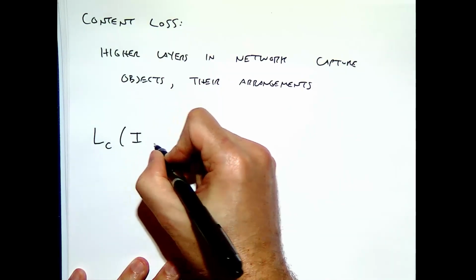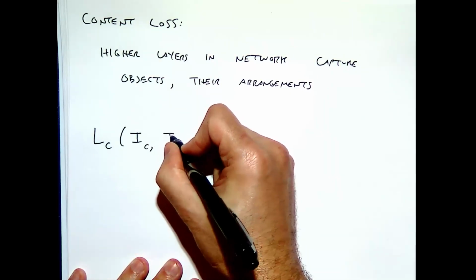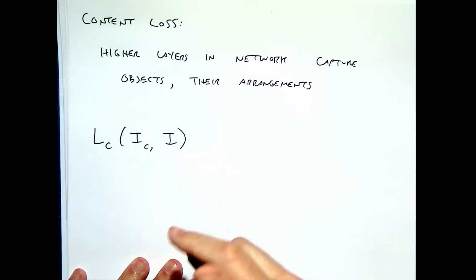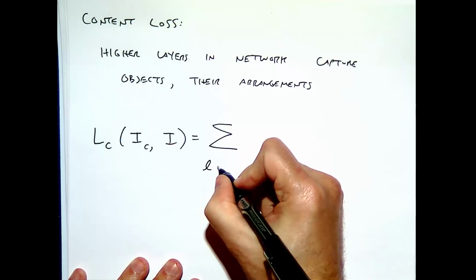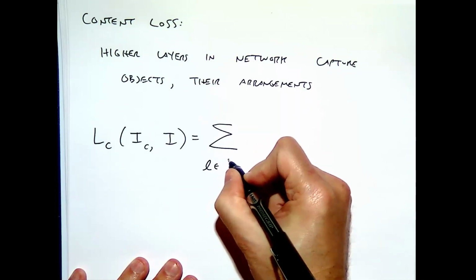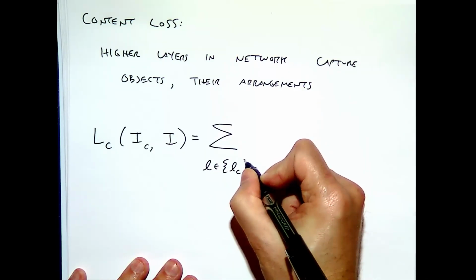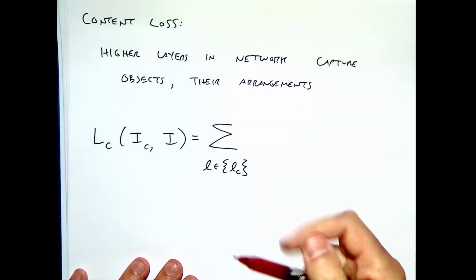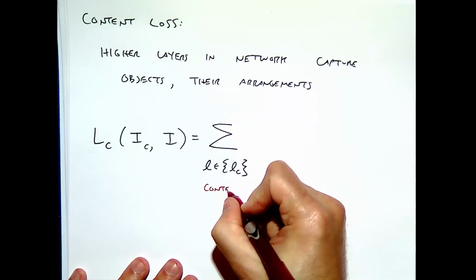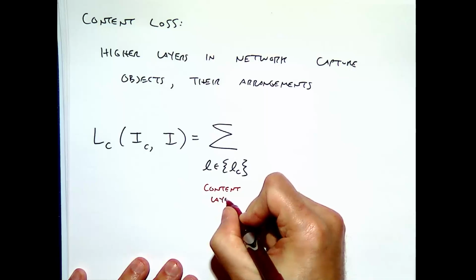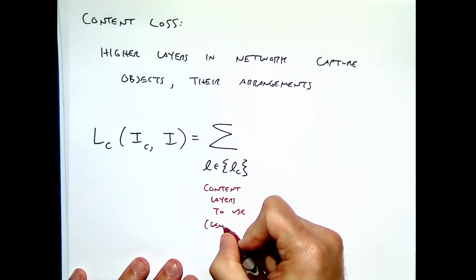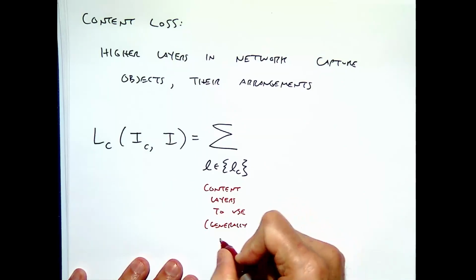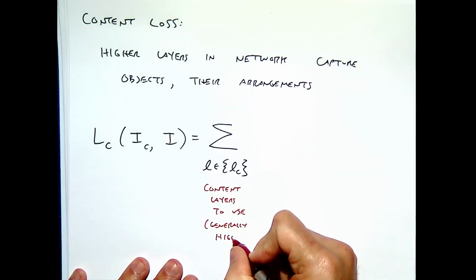I have my source image and my desired image. So it looks something like this. What I'm going to do is sum up over all the layers. This is basically which content layers to use. Generally, higher ones.